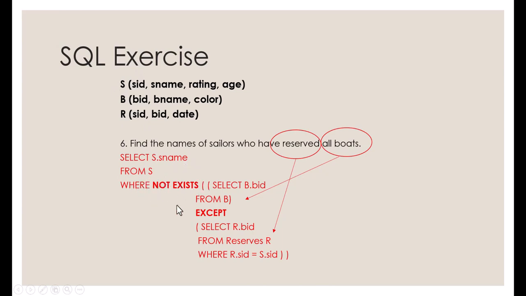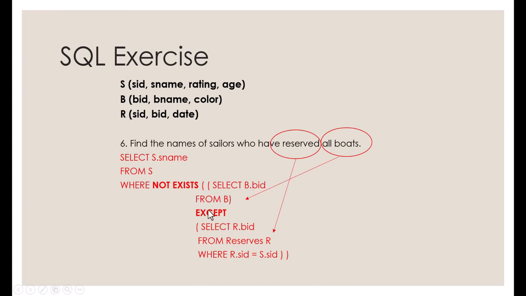Just to jog your memory, not exists will return true if it's empty. So the parentheses following not exists, we want this to be empty. Whatever was returned here, we subtract whatever was returned here, and we want that to be empty.